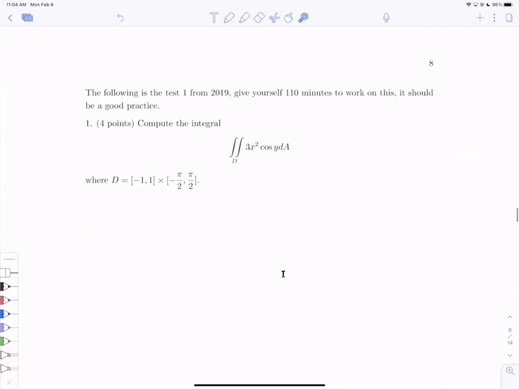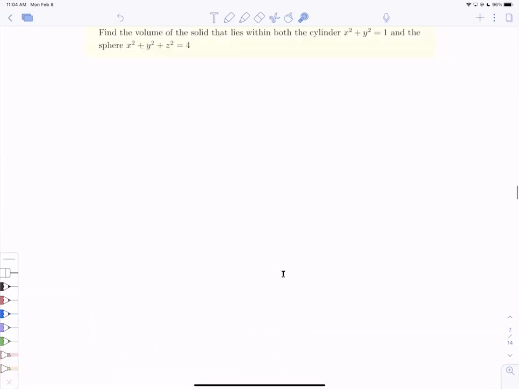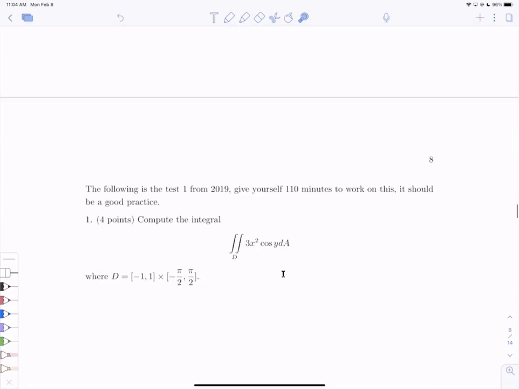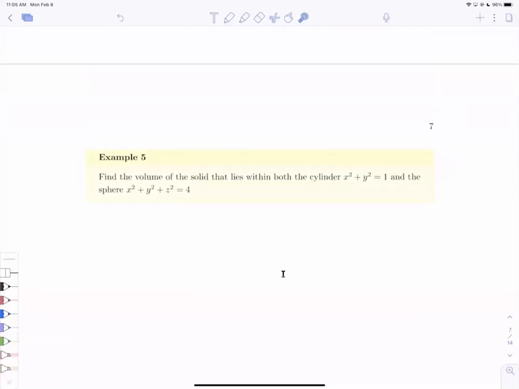So you can do example 5 with this test and give yourself 120 minutes. It should be a really good practice. I hope it's going to be really good practice, so it's like a real test. And I will post the solution tomorrow, including example 5. So I'll post everything tomorrow, and you can check probably tomorrow night.